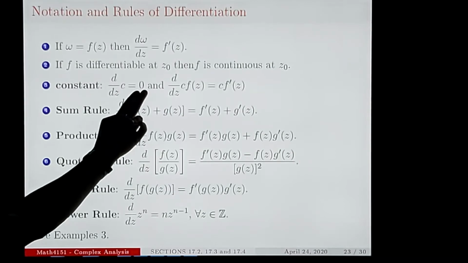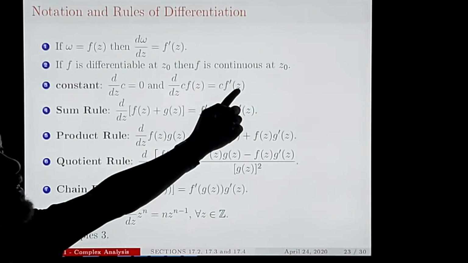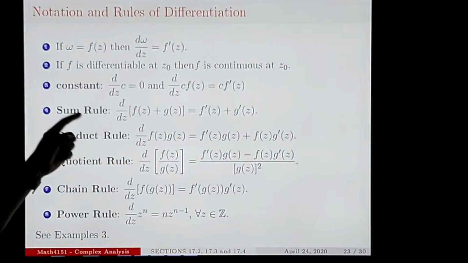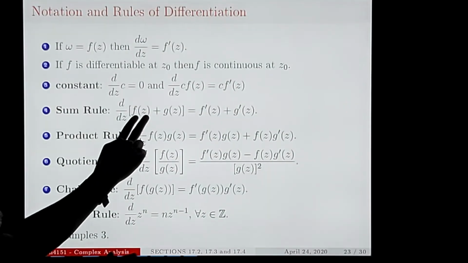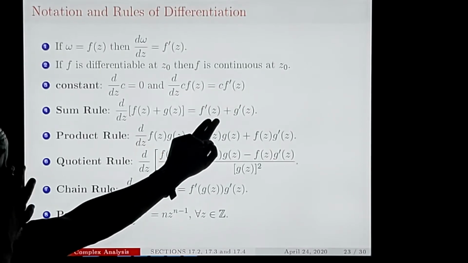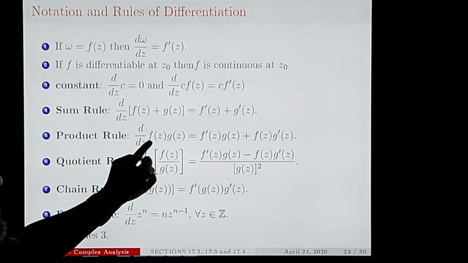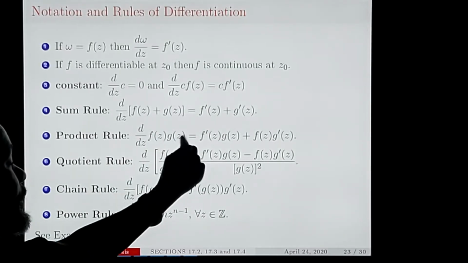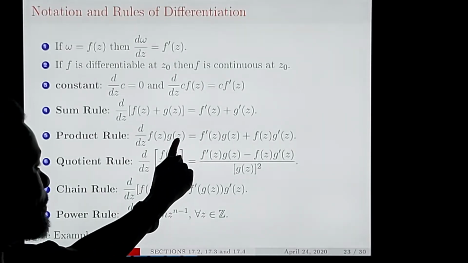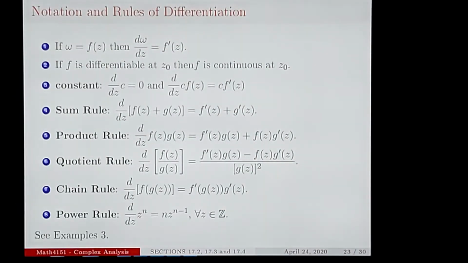When you differentiate a constant, you get 0. When you differentiate a function multiplied by a constant, you just differentiate the function, then multiply by the constant. The sum rule is the same: the derivative of the sum of two functions is the sum of the derivatives of the individual functions. Product rule, the same: you differentiate this, multiply by this, plus, you hold this constant, differentiate the other, and then you add.